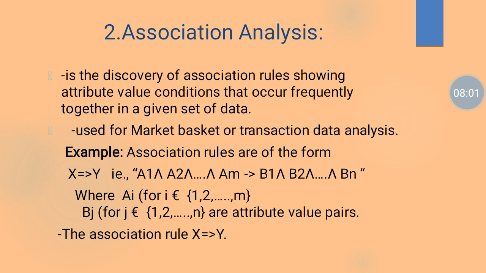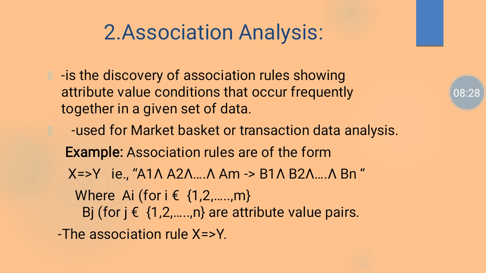That is X implies Y, where X is A1 and A2 and A3 up to AM. That means X has the variable A, and it consists of 1, 2, 3 up to M items, and it implies B1 and B2 up to Bn.